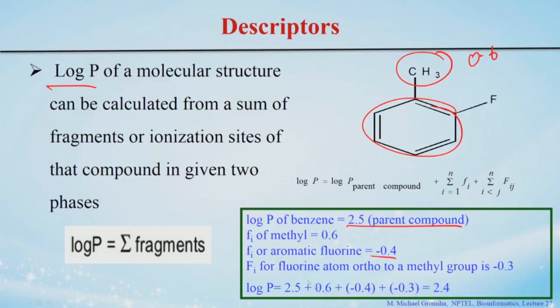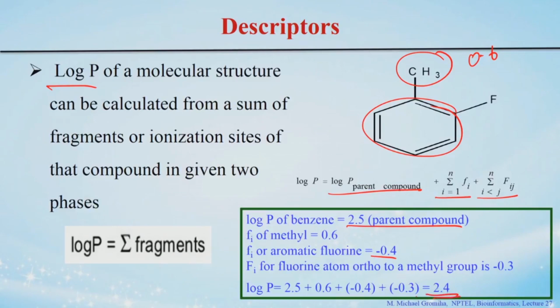0.4, and the Fij for the fluorine atom ortho to a methyl group. This is the log P of the parent compound, this is for the individual fragments, and this is the influence between these different groups. The parent compound is benzene, so this is given as 2.5, and the individual fragments CH3 plus F, so we give 0.6 plus 0.4, and because of the Fij this is minus 0.3.